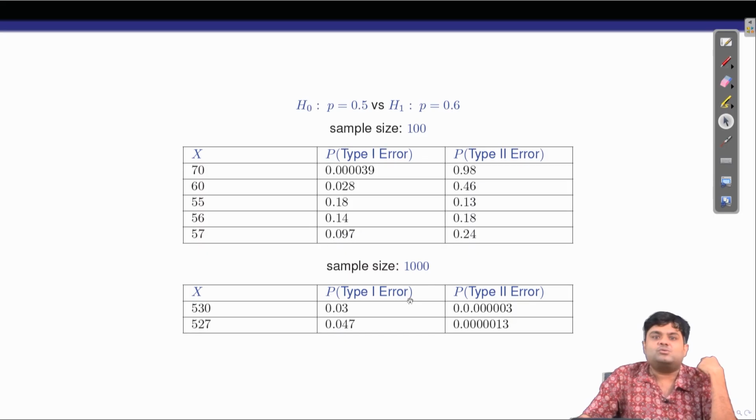However, if you take a sample of size 1000, you can reduce both type 1 error and type 2 error to be fairly small. So, this dynamics of reducing both type 1 error and type 2 error involves collecting more samples. I stop the talk here today.